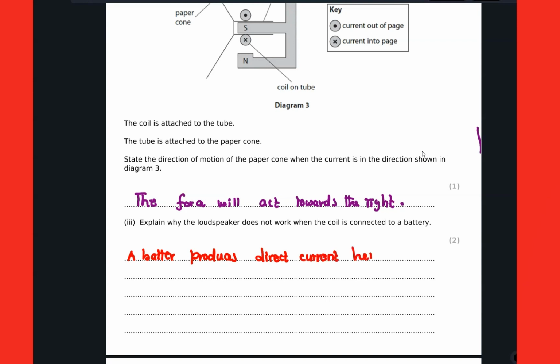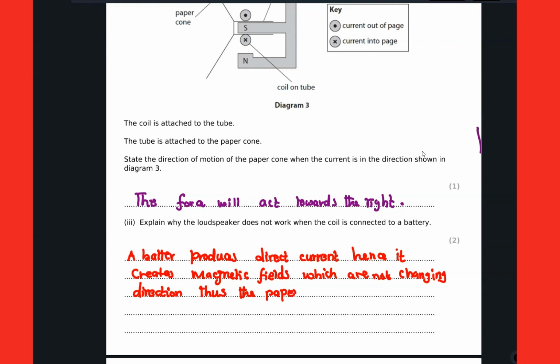When we're using direct current, the field that is created does not change direction, so the peppercorn is not going to vibrate. In that way, it's not going to work, and that's what we are supposed to state in this particular part.